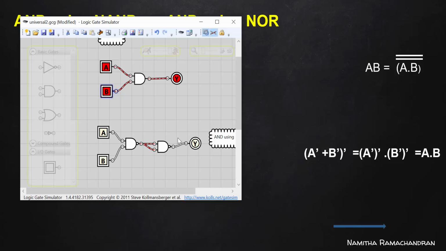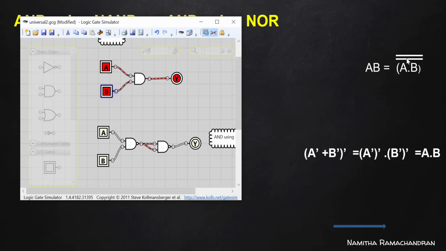Here it generates (A and B) complement, and (A and B) complement and (A and B) complement is (A and B) complement itself. This is a NAND gate, so the output generated here is ((A and B) complement) all complement.